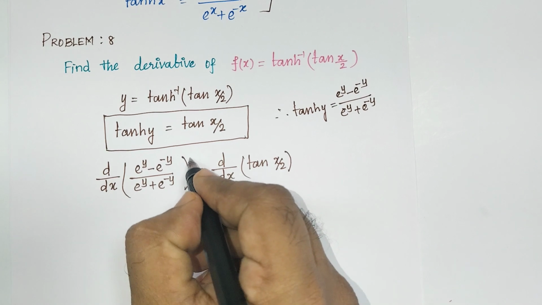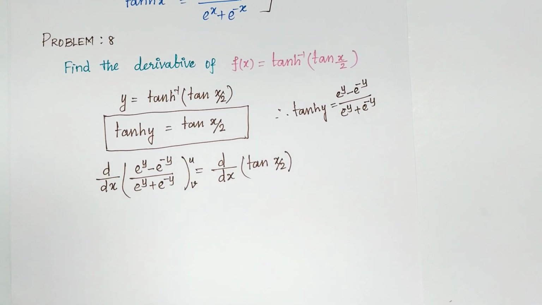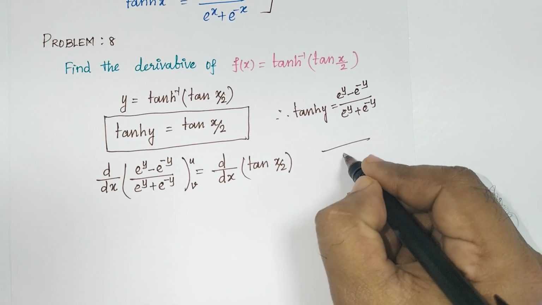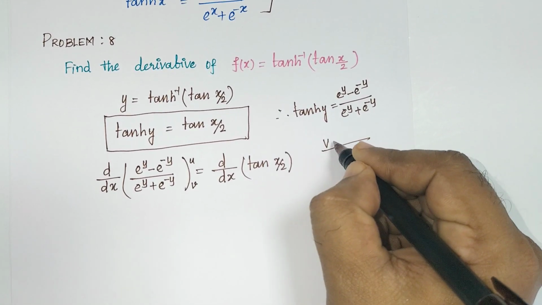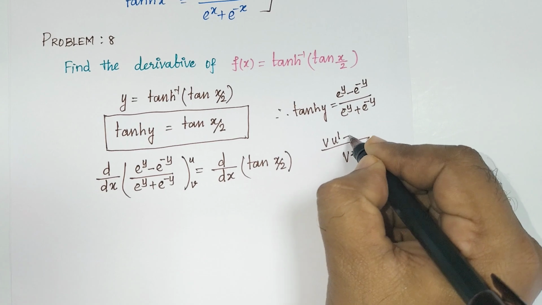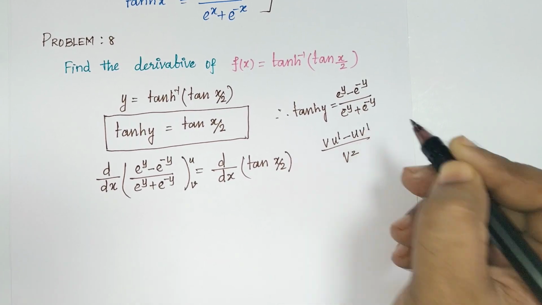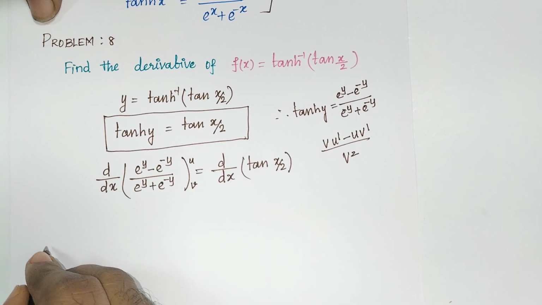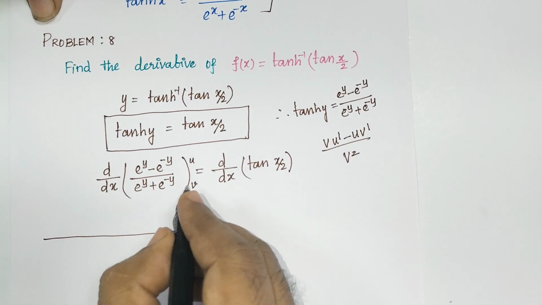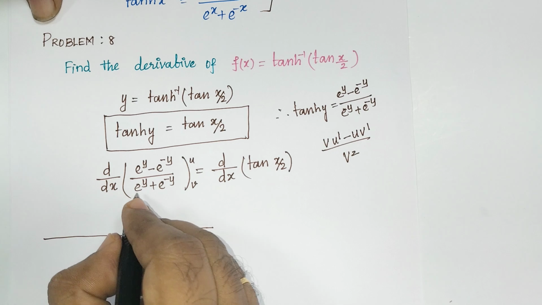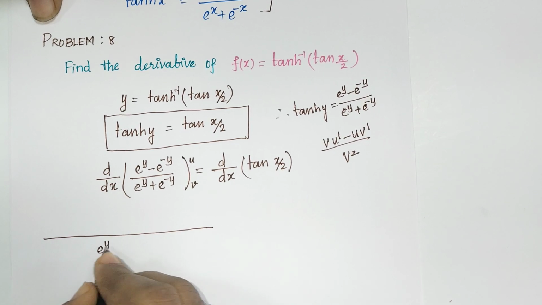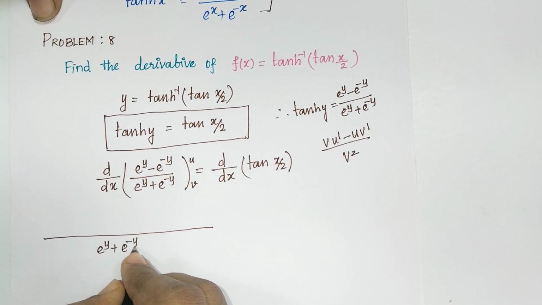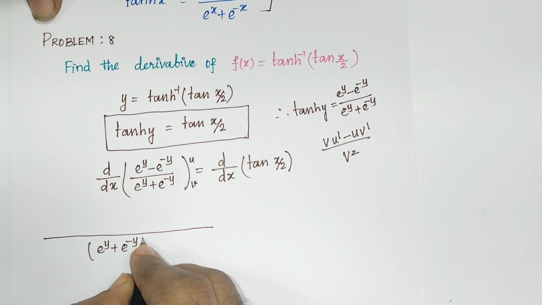For both numerator and denominator, we need to differentiate because it is a quotient function, we have to apply the formula. You know that v square in the denominator, v constant u differentiation minus u constant v differentiation. This is our formula. So here I will write first the denominator term. The denominator term is v square, e power y plus e power minus y whole square.